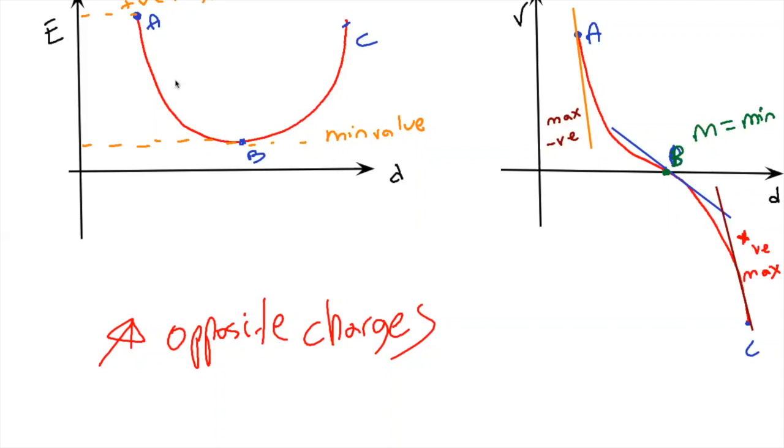Now, over here, it can be a bit confusing, but I would like to make a correction here. This part is for the plus charge, and this part is going to be for the negative charge. That's why here we're going to have a minus max VE, and here we have a plus max VE. That's pretty much it.